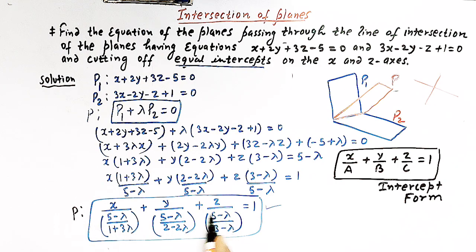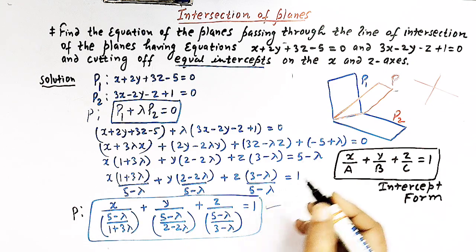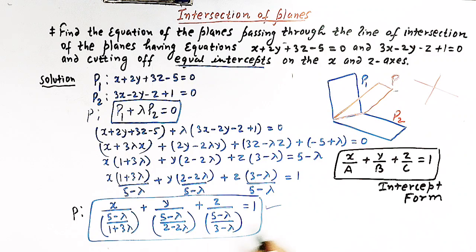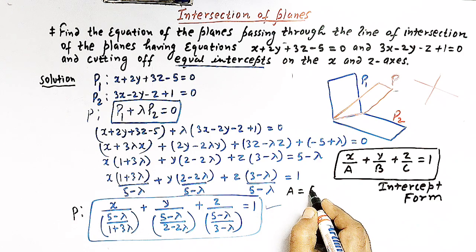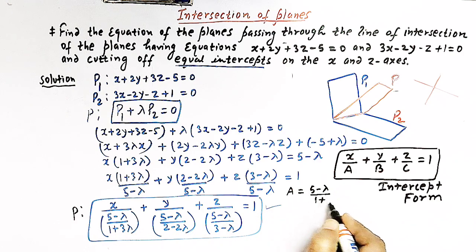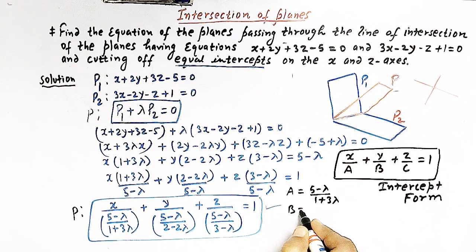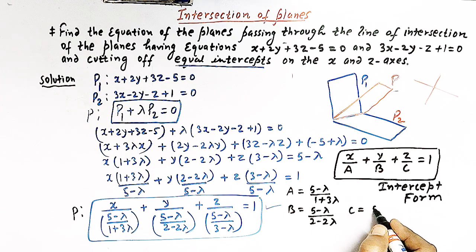So the lengths of the intercepts cut by this plane P on the three axes are given by comparing these two equations. So the value of a is (5 - λ)/(1 + 3λ), b is (5 - λ)/(2 - 2λ), and c is (5 - λ)/(3 - λ).